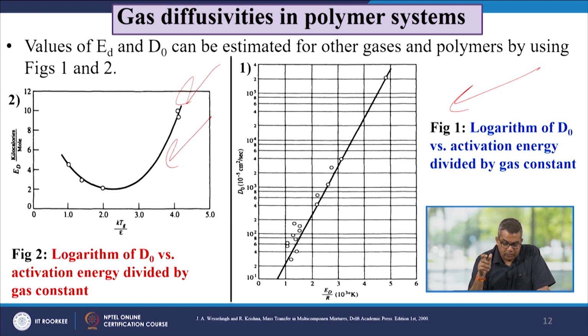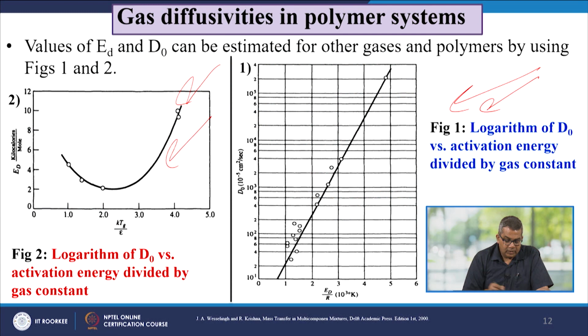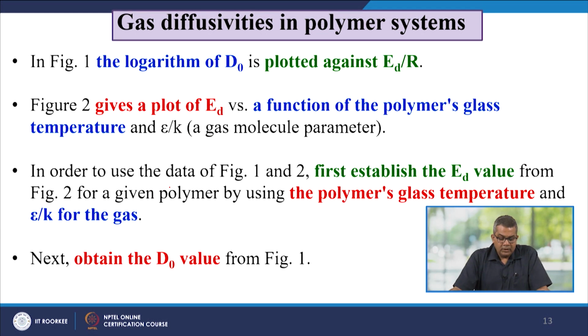Now, in figure 1, the logarithm of D naught is plotted against ED over R, and the second plot gives ED versus a function of the polymer's glass transition temperature and epsilon over K, a gas molecule parameter.